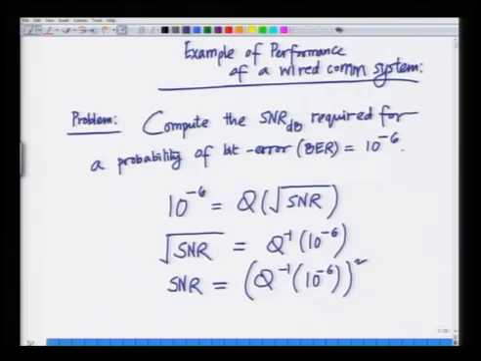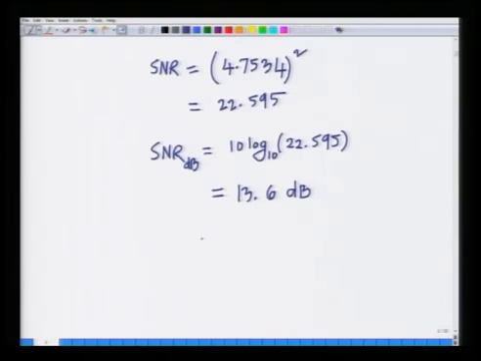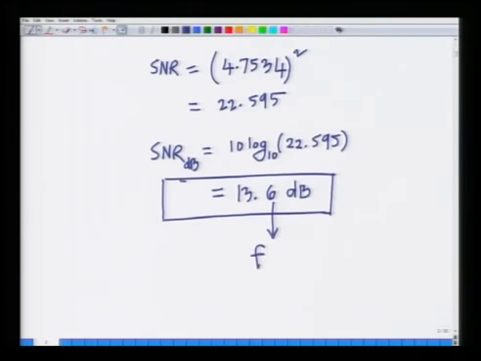So, let me summarize what we did. We wanted to compute the SNR in dB required for a probability of bit error rate of 10 power minus 6. We said that SNR in dB is given as 13.6 dB. So, the SNR is 13.6 dB for bit error rate equals 10 power minus 6, and it is important to remember that this is for a wired communication channel, or a communication channel in which there is a wire between a transmitter and the receiver.